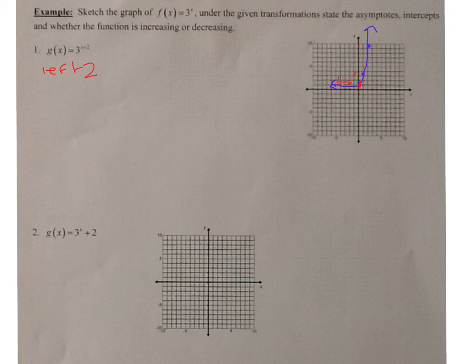And then you could draw your graph. So my y-intercept would be (0, 9). There is no x-intercept. My asymptote is the x-axis, which is y is equal to 0.